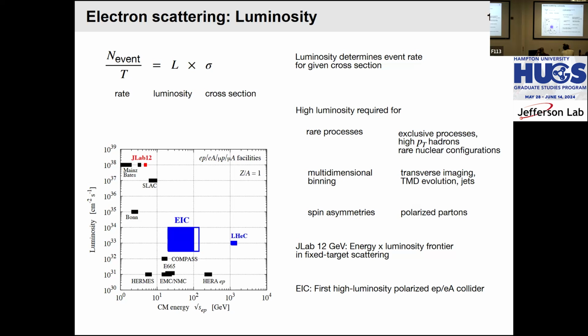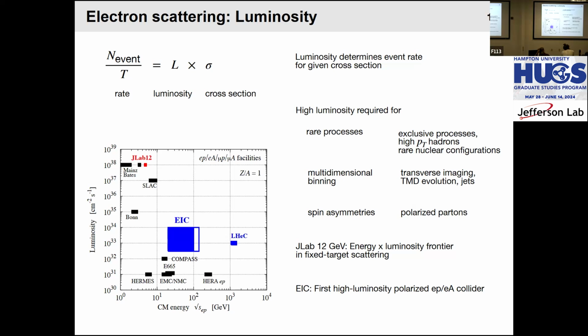In particular, we need high luminosity, and I will quantify what high means in a second, for any of the following applications: for rare processes that have a small cross-section, for example, some exclusive scattering processes, very high PT hadrons, scattering on nuclei in some rare configurations.